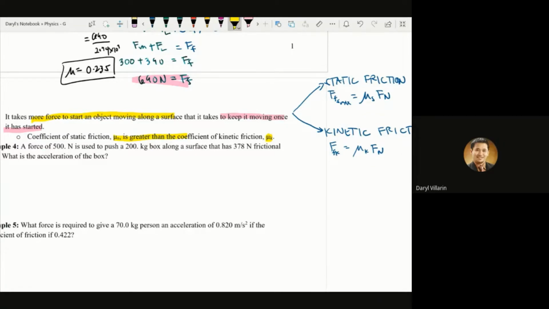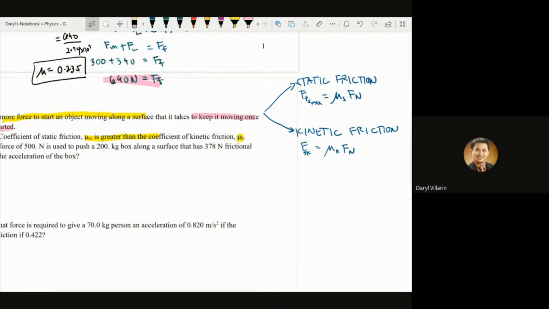So if you have also observed this, if you're trying to push a table, at first it's very hard for you to move it, but once it's moving, you can feel that there's a decrease in the amount of force going the opposite direction. So the reason for that again is your mu s is usually bigger than your mu k.